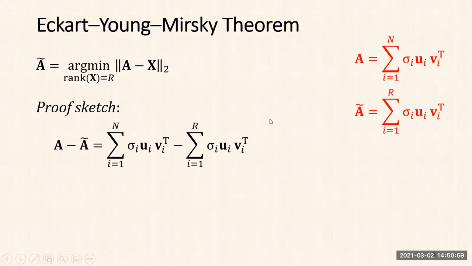We won't do the complete proof, but we'll get a feel of what the proof looks like. I know that when I replace X with A tilde, I will be minimizing the norm of the difference between A and X. So A minus A tilde equals, I replace A with this summation, from i equals 1 through n, and A tilde with this summation, from i equals 1 through r.